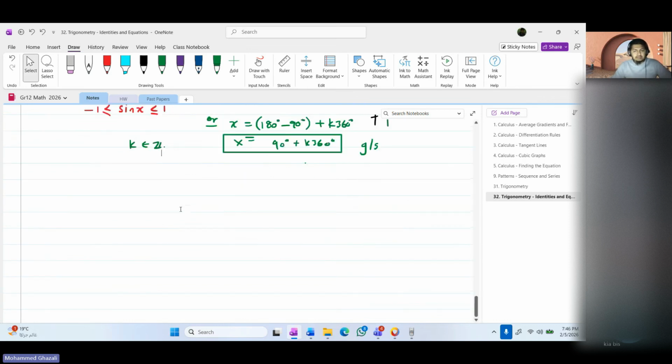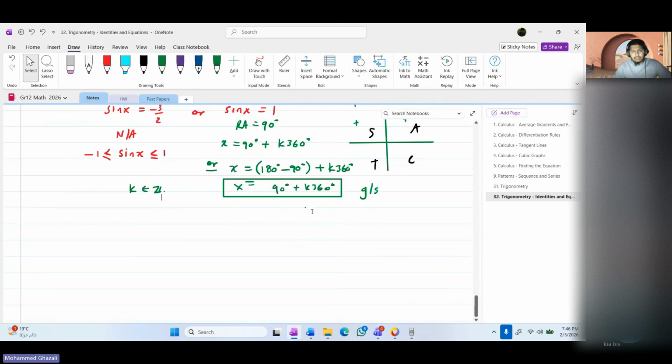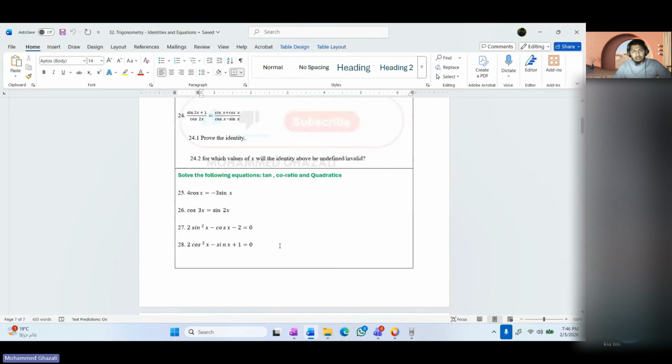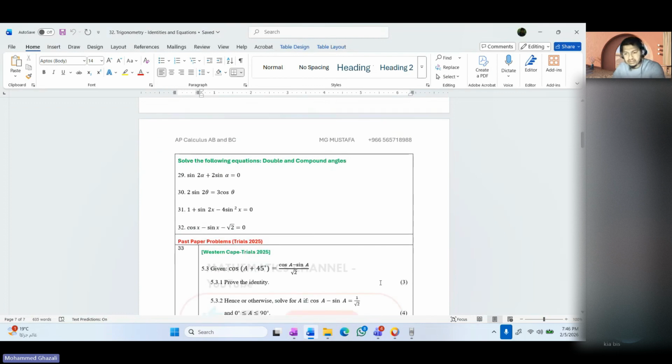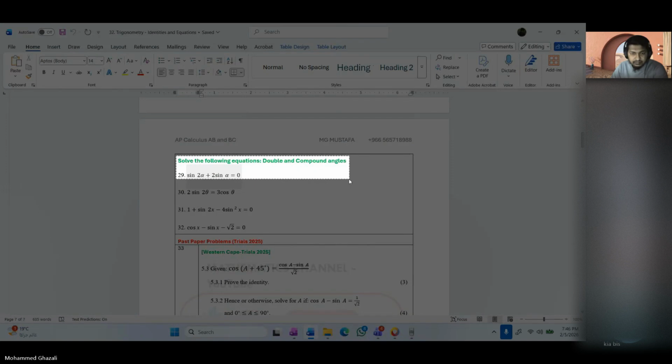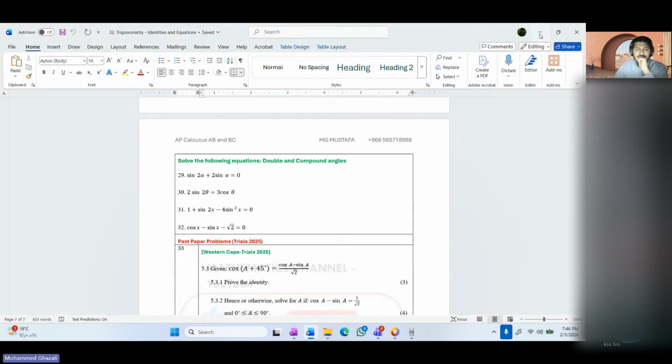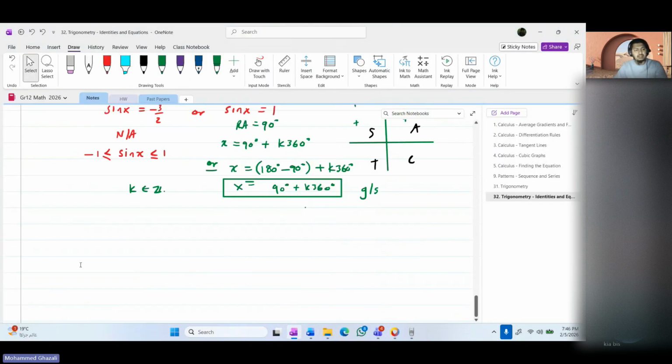Right, great. Next. Oh yes, I have lots and lots of questions. Now we're going to move on to double and compound angle identities, right? How do I use double angles and how do I use compound angles in identities? This is very important.